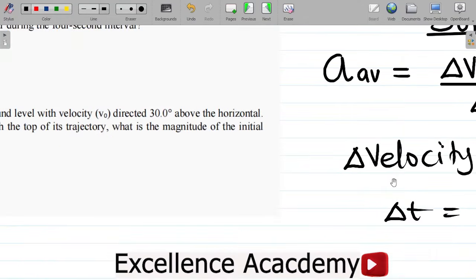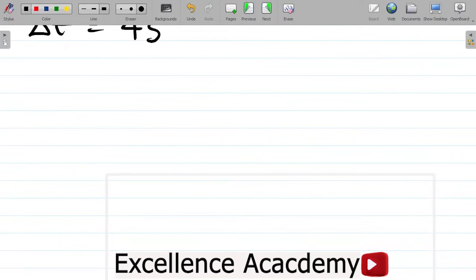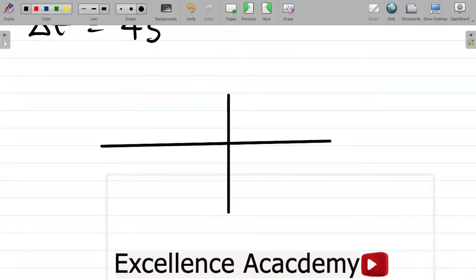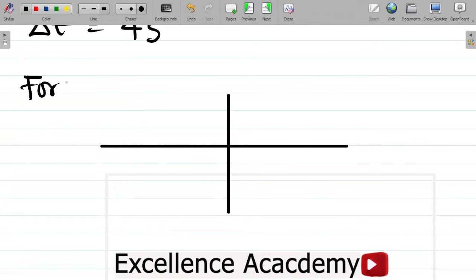Back to the question, they said a car travels along a highway with a velocity of 24.0 meters per second west. If you want to plot this on Cartesian coordinates, let's get north, south, east, and west, and see how we can plot this. I'll call this initial velocity, VI. This is north, this is south, this is east, and this is west.